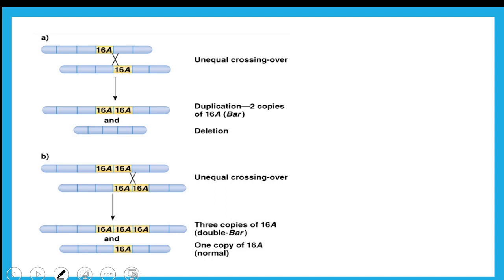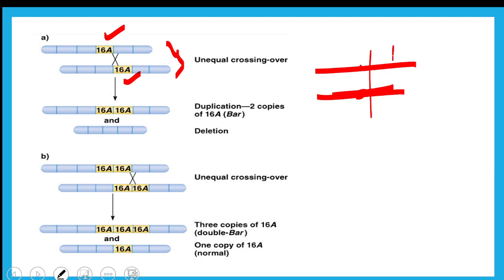So this is an example of unequal crossing over. How does it take place? Here you see 16A present on one chromosome and 16A present on its counterpart. This is a homologous pair. Crossing over should take place when it is equal, between the same segments.